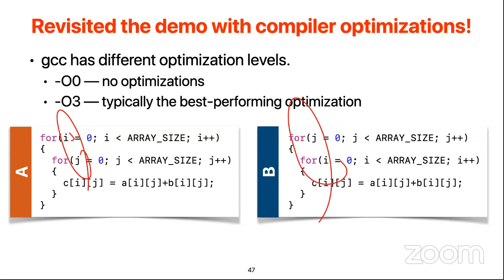You will know this after the midterm when we talk about memory. But the short answer is that most modern programming languages, except for Fortran, lay out your memory in row major order. So this one goes through the memory in row major order, and this one will go through it in column major order.